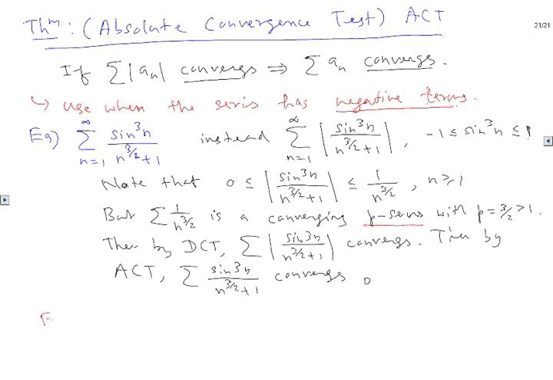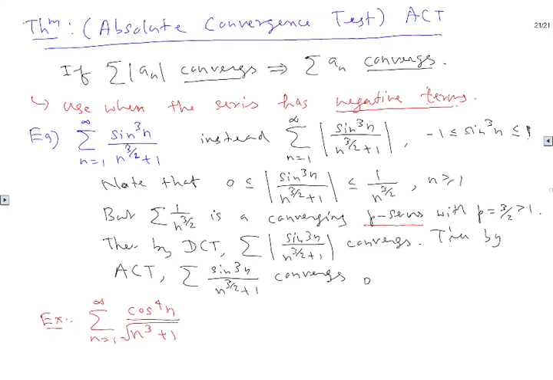You can apply this result to a problem like this one as well, even though the terms are always positive. Why don't you try this one, with the square root of n cubed plus 1, something like that. It's very similar. When you have cosine or sine, you can remove them using this trick, because the absolute value of that is less than or equal to 1.